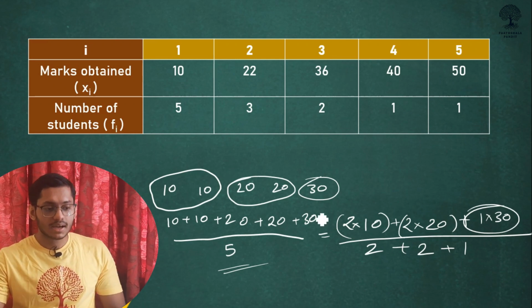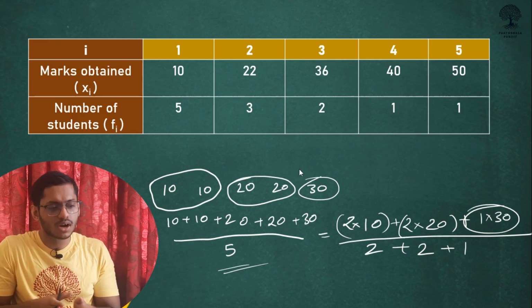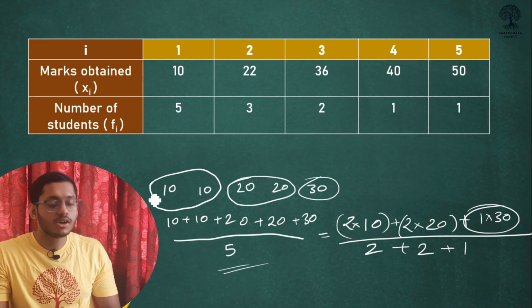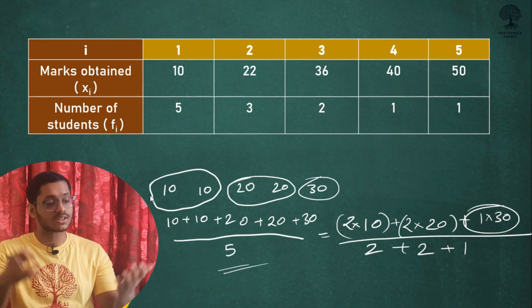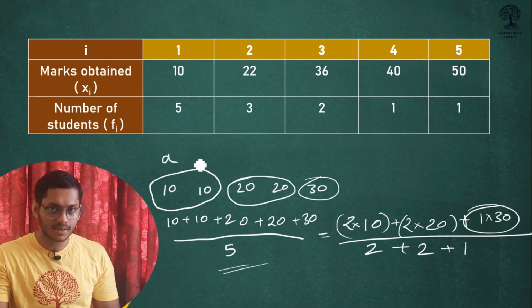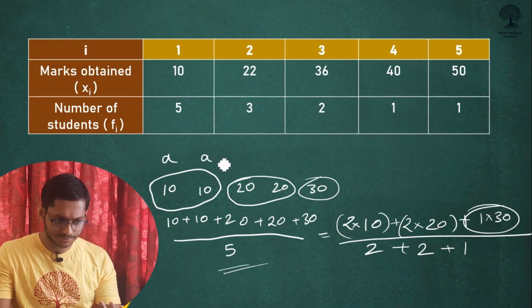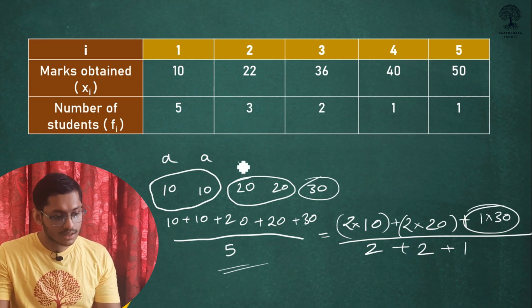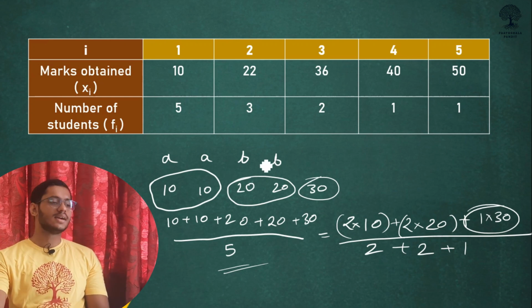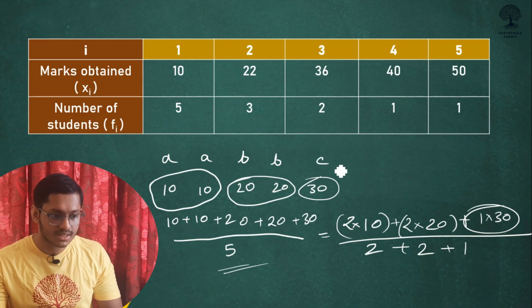So, just for our understanding, for a simple example, let me consider that I don't know the marks of students, but I am told that one person got A marks, another person got A marks, another person got B marks, another person got B marks, and another person got C marks.